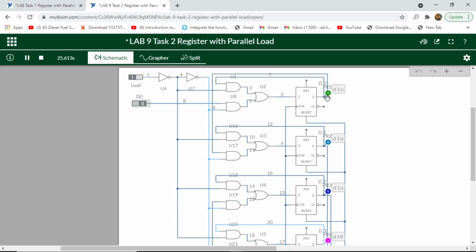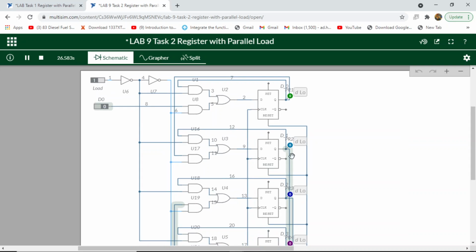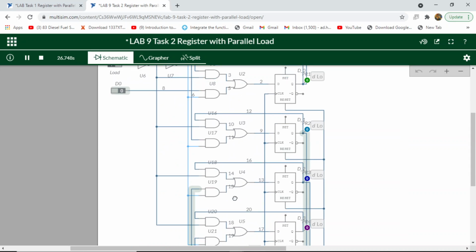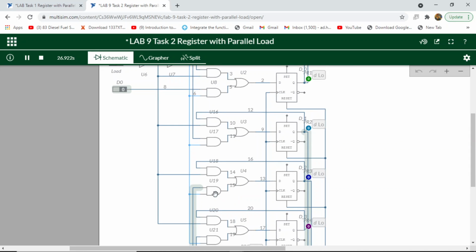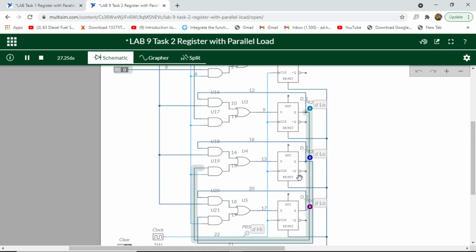This output 0 becomes the input of D1, so there is 0, and this is also 0, the output is 0. This becomes the input of D2, this is 0, this is also 0, the output is 0. It becomes the input of D3, 0 and 0, the output is 0.